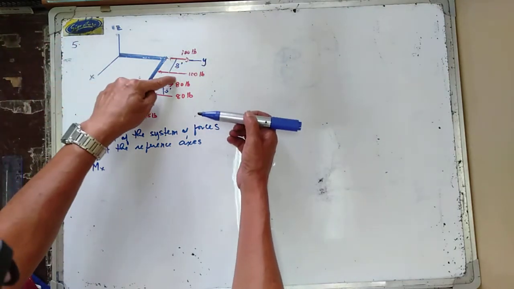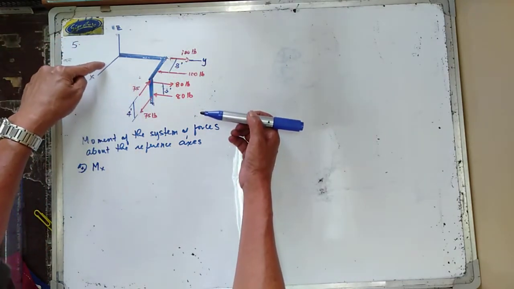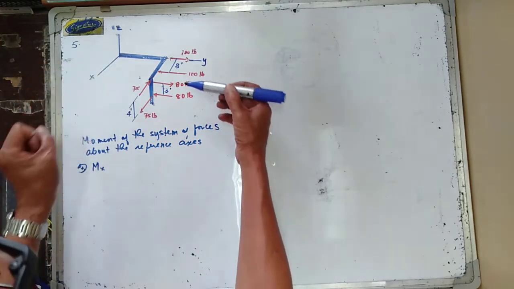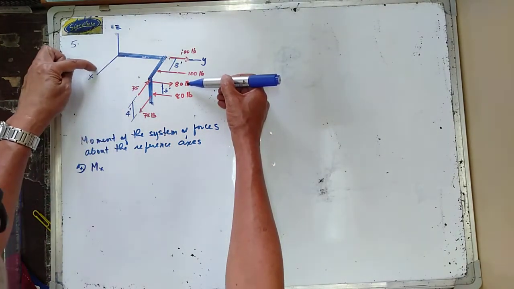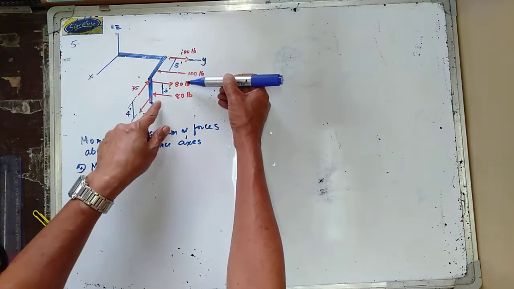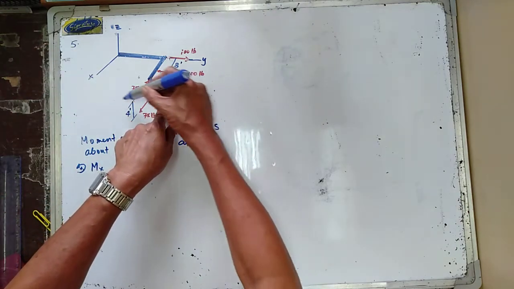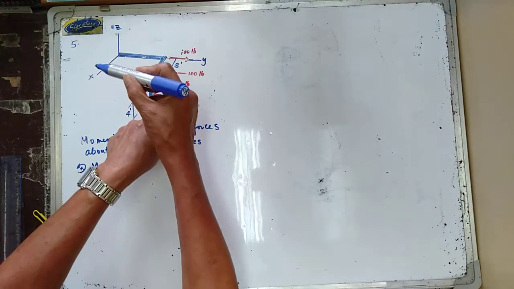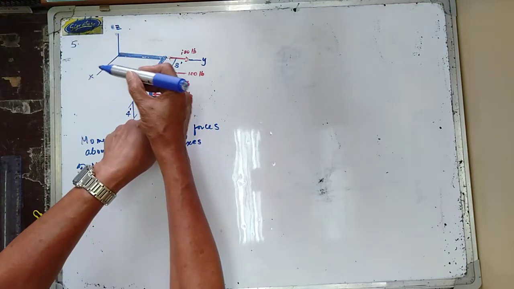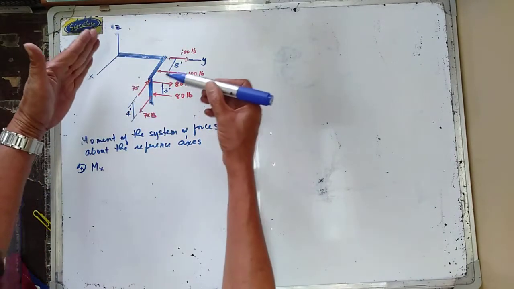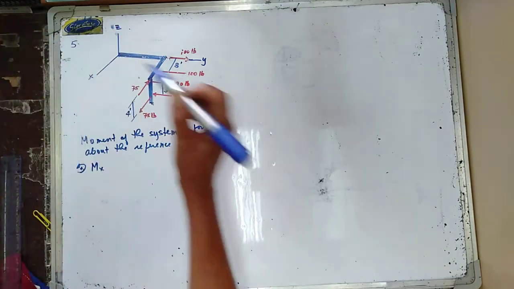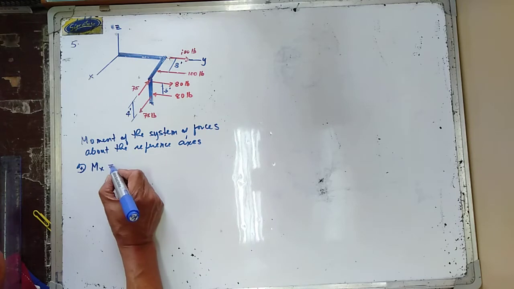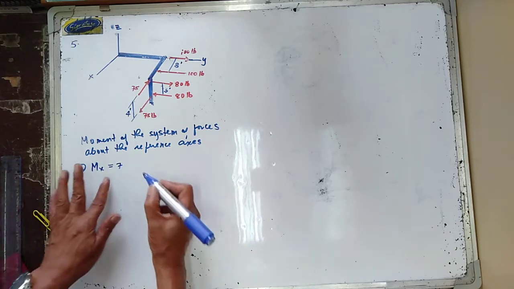The 80 pounds in here is going clockwise about the x-axis, and therefore we have negative 80.